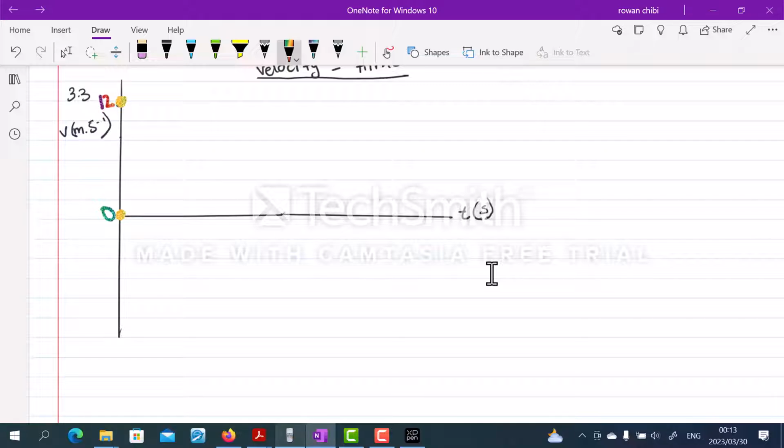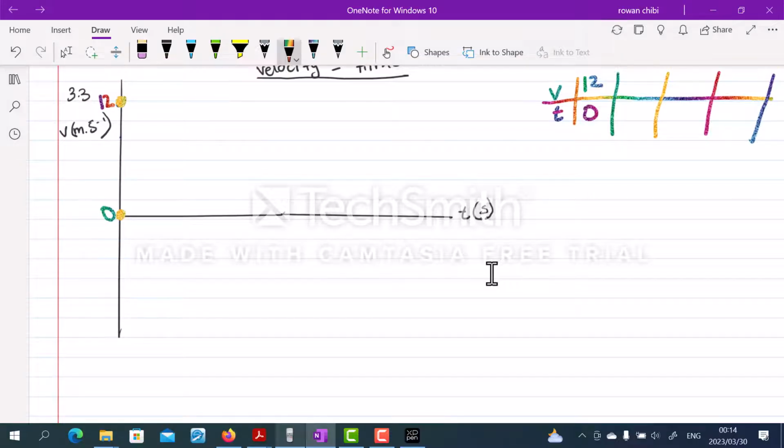Let's do it like this. We have v and we have t. So this is the first point, second point, third point, and fourth point. Initially my v was 12 and the time was 0.